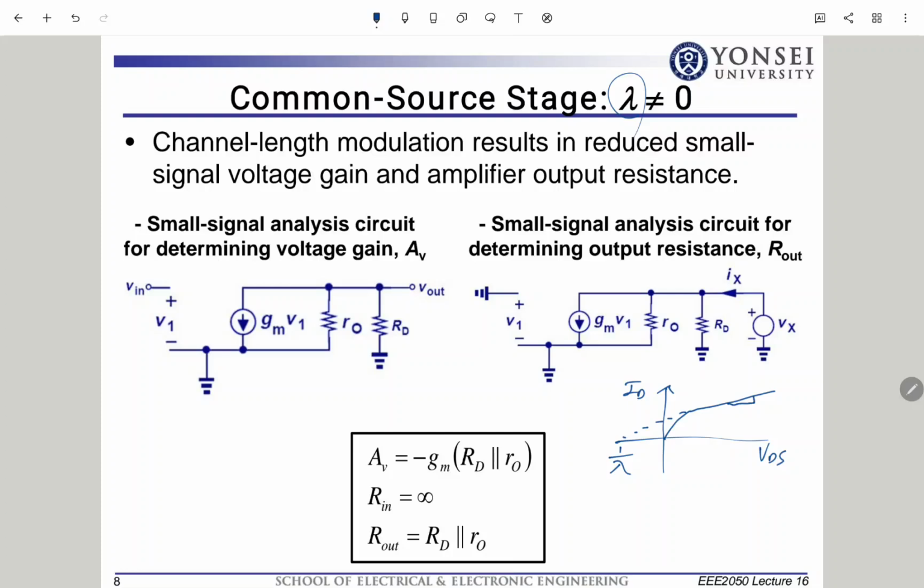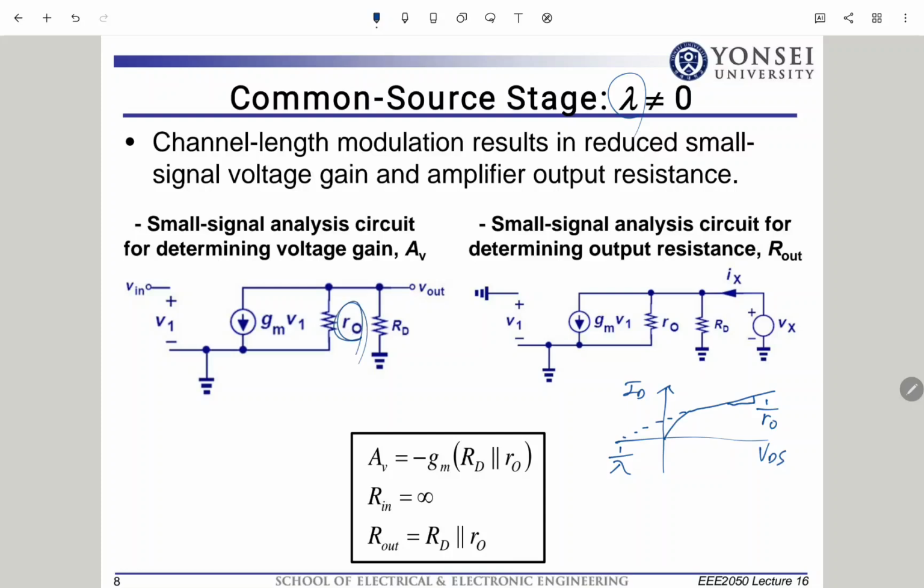Therefore, 1 over R naught exists when lambda is not equal to 0. What is R naught? It is the intrinsic output impedance of the transistor due to channel length modulation.